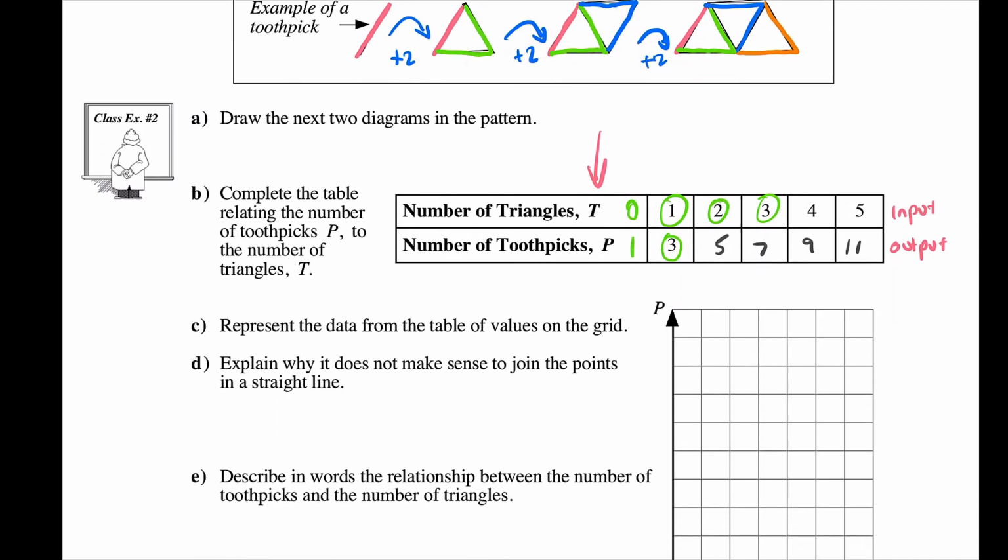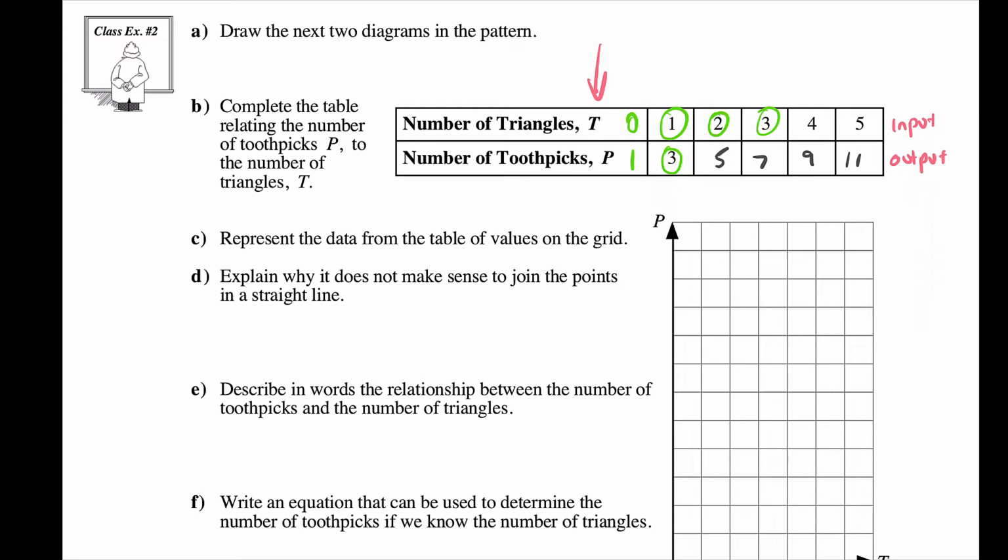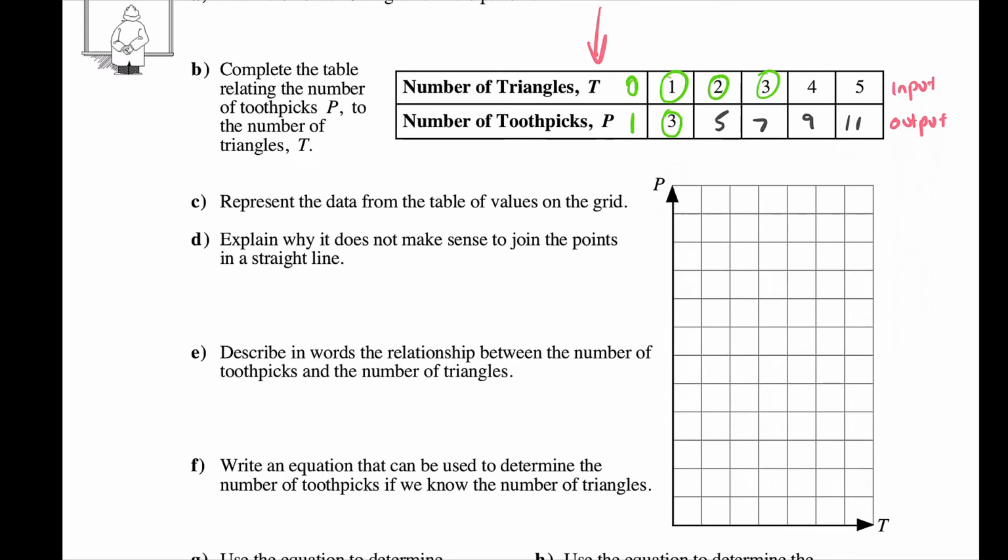Now if we scroll down here, it's saying in part C, represent the data onto this grid. Okay, so notice here that I have a T, which is on my x-axis, so this one right here is the same as my x, and x is usually our input, and p is on the y, and that is going to be our output.